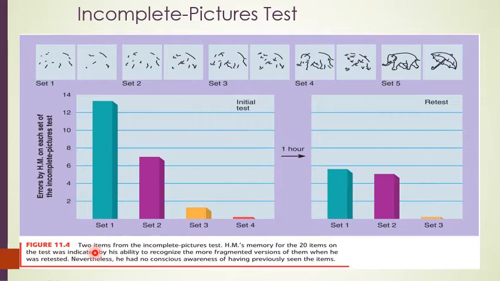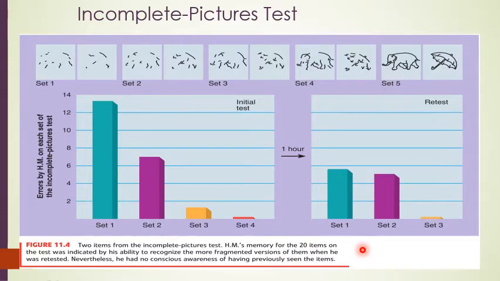Okay? So for the incomplete pictures test, HM's memory for the 20 items on the test was indicated by his ability to recognize the more fragmented versions of them when he was retested. Nevertheless, he had no conscious awareness of having previously seen these items.